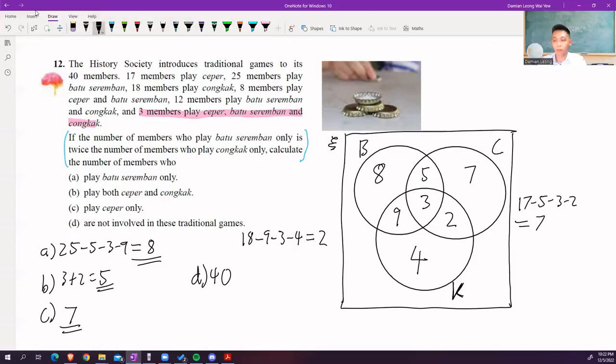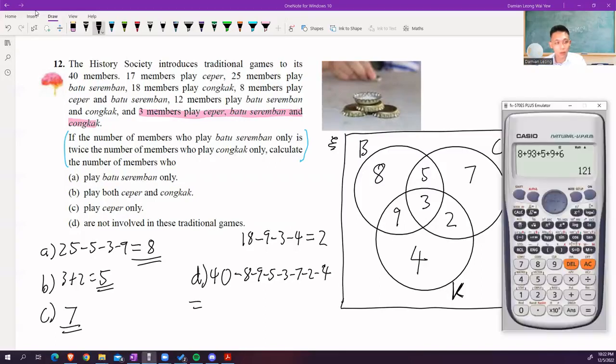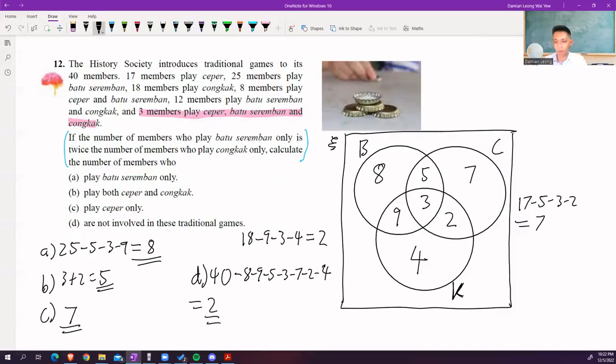So it's 40 minus everything inside here. Minus 8, minus 9, minus 5, minus 3, minus 7, minus 2, minus 4. Which is 2. That's part D.